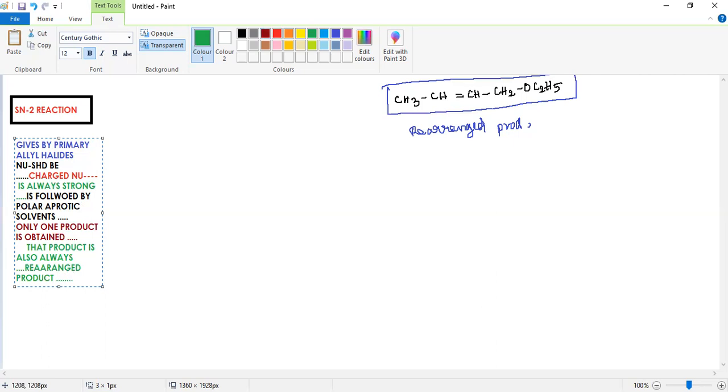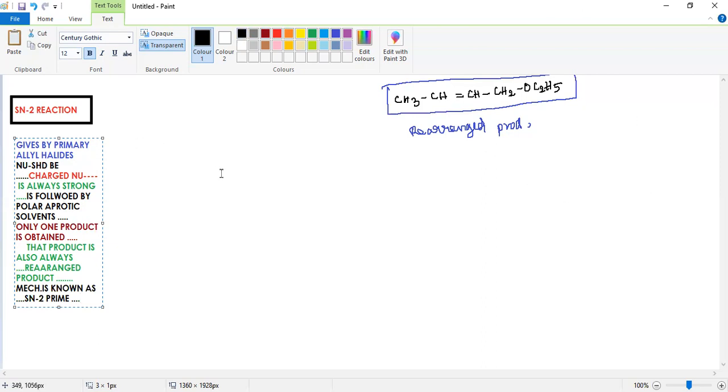So this rearrangement is known as allylic rearrangement, and the mechanism, formed through the rearranged product, is known as SN2 prime. Clear beta?